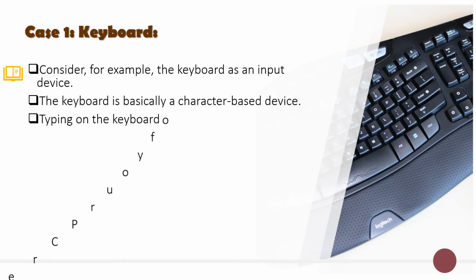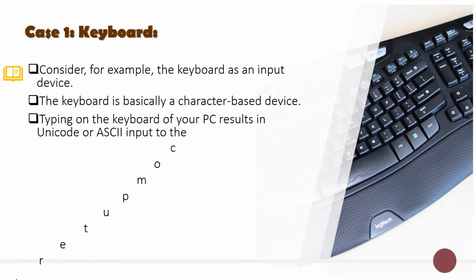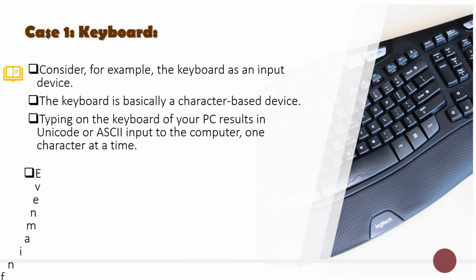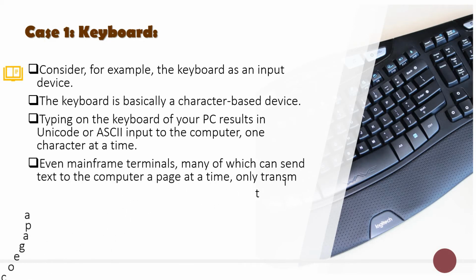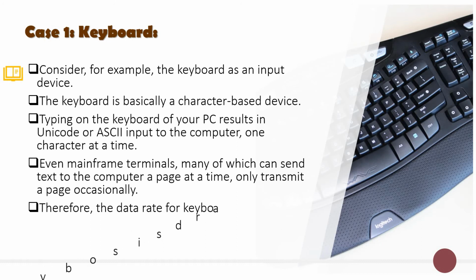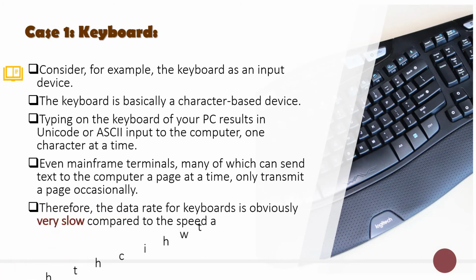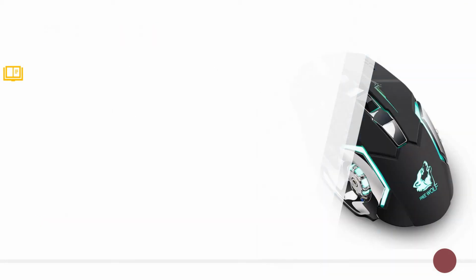Typing on the keyboard of your PC results in Unicode or ASCII input to the computer, one character at a time. Even mainframe terminals, many of which can send text to the computer a page at a time, only transmit a page occasionally. Therefore, the data rate for keyboards is obviously very slow compared to the speed at which the CPU processes the data.